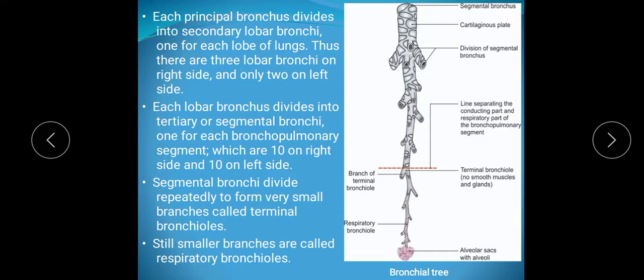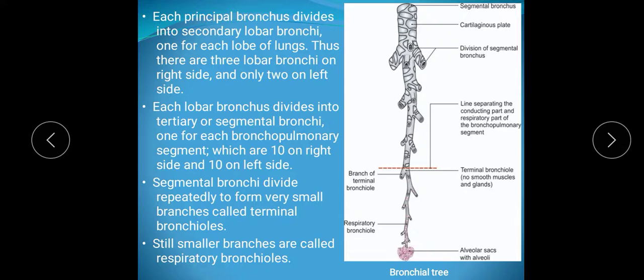Each lobar bronchus divides into tertiary or segmental bronchi. This one is the segmental bronchus or tertiary bronchus, one for each bronchopulmonary segment. This is important: there are 10 bronchopulmonary segments on the right side and 10 on the left side.